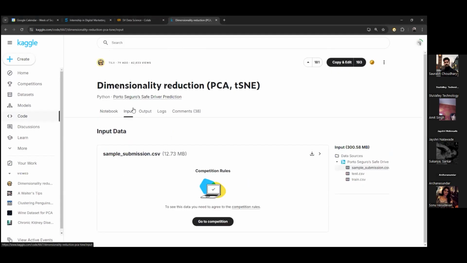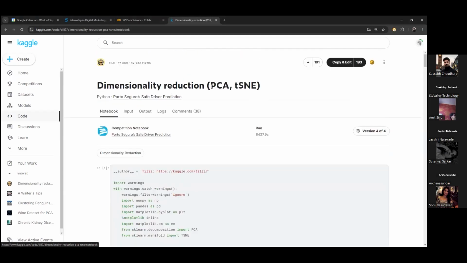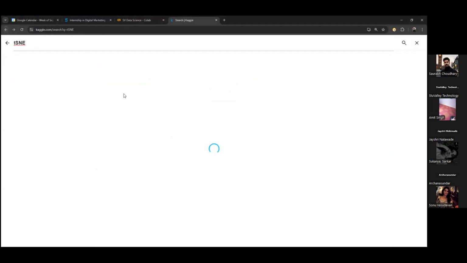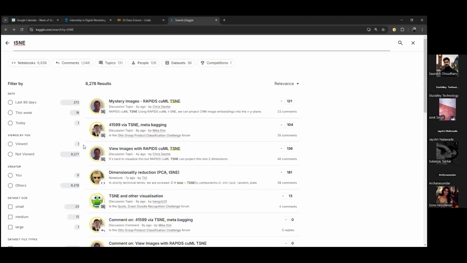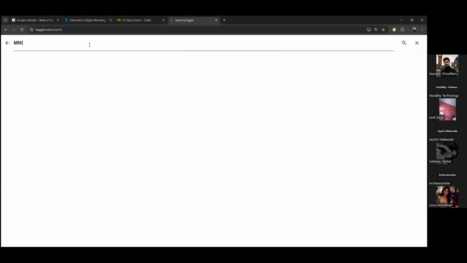Sample submission, dimensional reduction, PCA, and wait, let us use. Okay, there is data called MNIST. Let's try that.